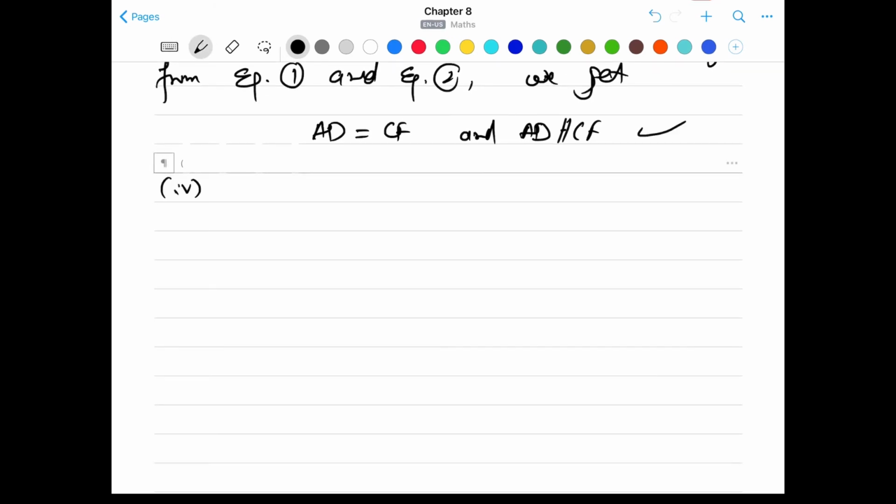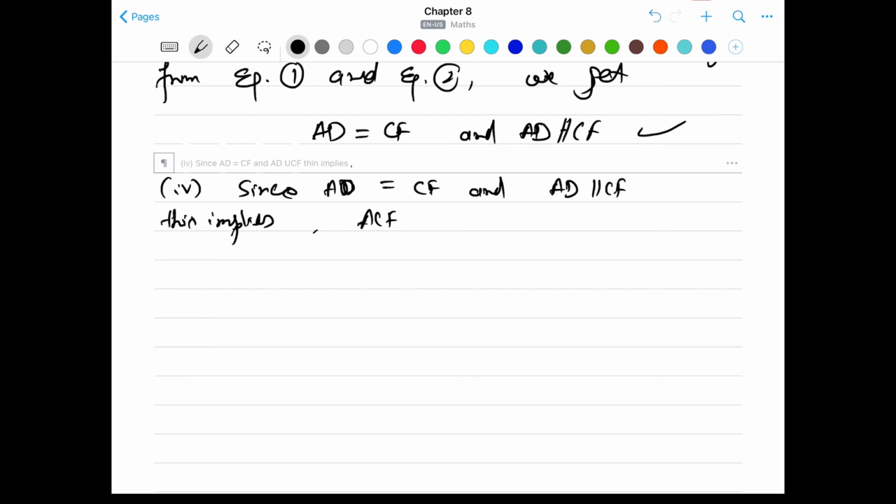Now let's see part 4. Here we have to prove that quadrilateral ACFD is a parallelogram. So we write, since AD is equal to CF and AD is parallel to CF, this implies ACFD is a parallelogram.